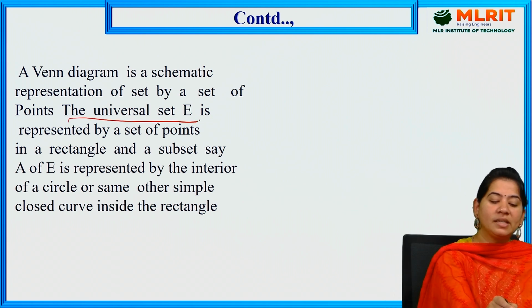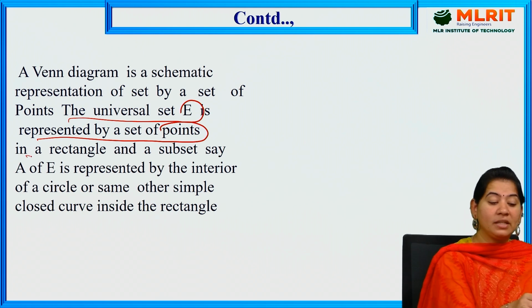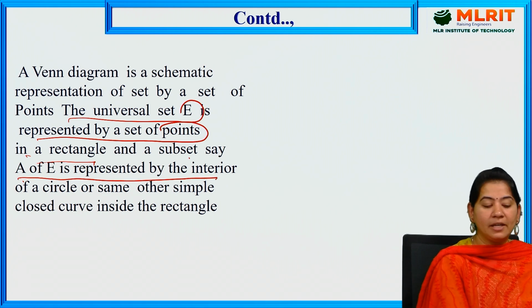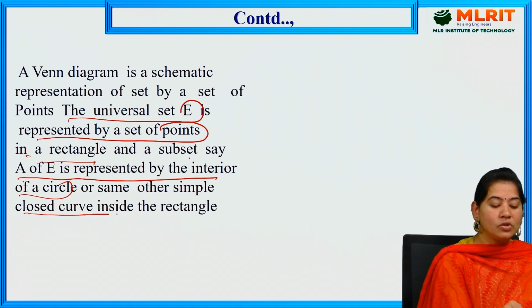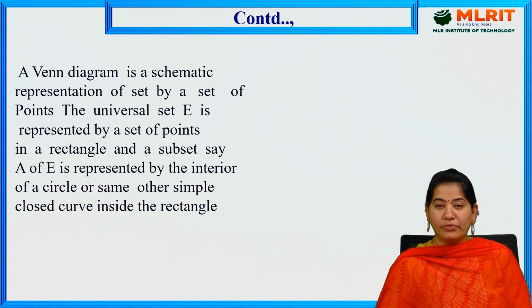The universal set E is represented by a set of points, which we can draw as a rectangle, and a subset, say A of E, is always represented by the interior of a circle or some other closed curve inside the rectangle. You can understand this in the form of diagrams.